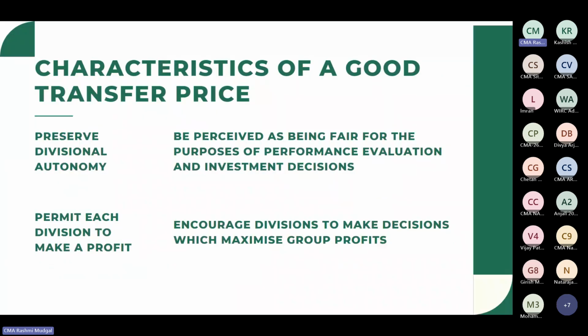Okay, characteristics of a good transfer price. How do I know this is a good transfer price I am using? The technique to calculate it comes second, but firstly I need to think about whether this is fair. It should preserve divisional autonomy, be perceived as fair for the purpose of performance evaluation and investment decisions, permit each division to make a profit, and encourage divisions to make decisions which maximize the group profit.